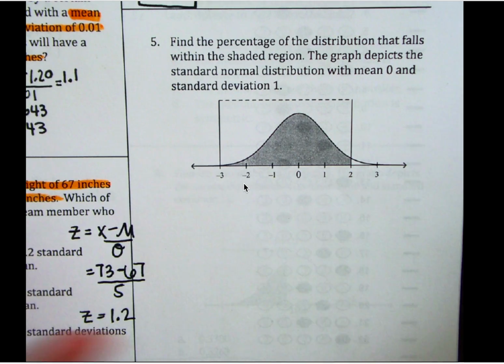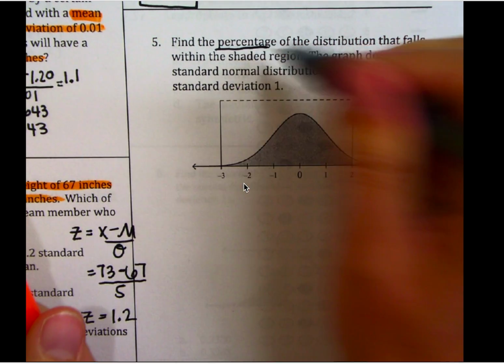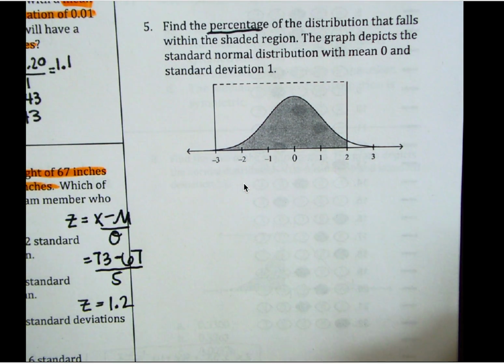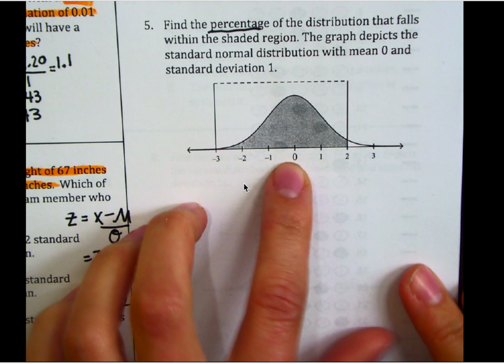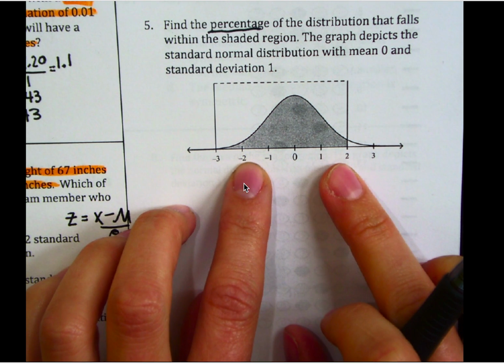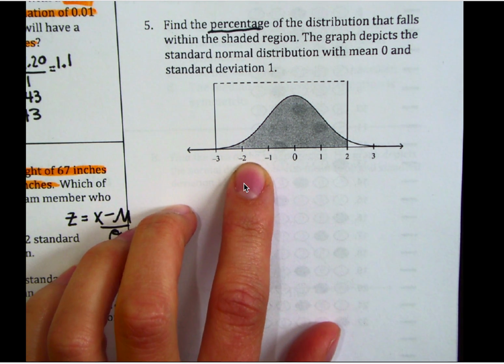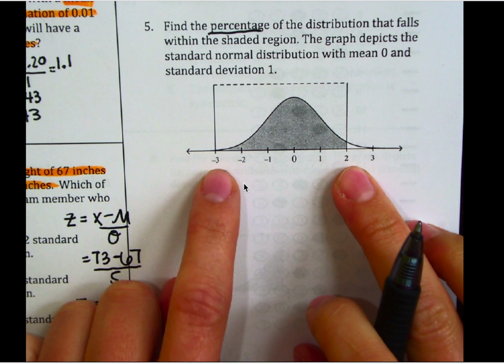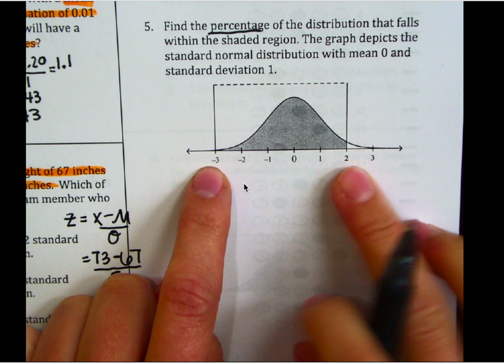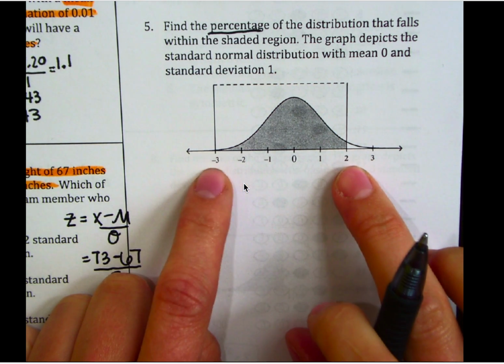All right, so we're going to find the percentage, this time they want percent, of the distribution that falls within the shaded region. The graph depicts the normal distribution with a mean of 0 and the standard deviation of 1. Okay, so for this one, we have values that lie exactly -3 below and then 2 above our mean.